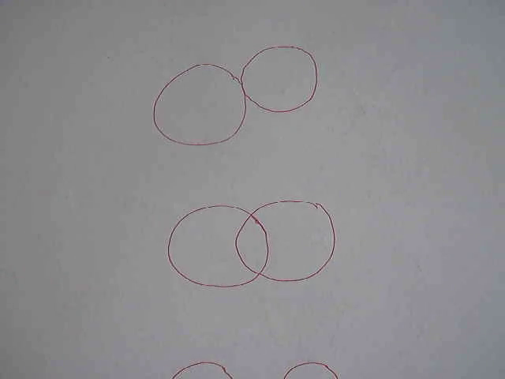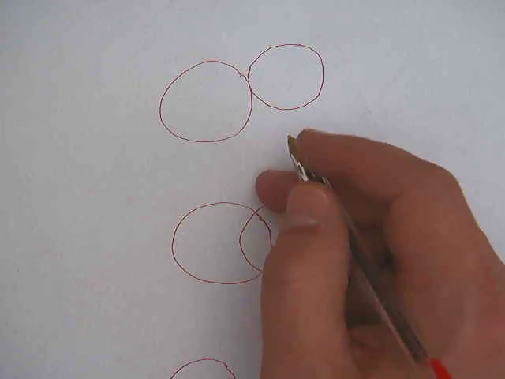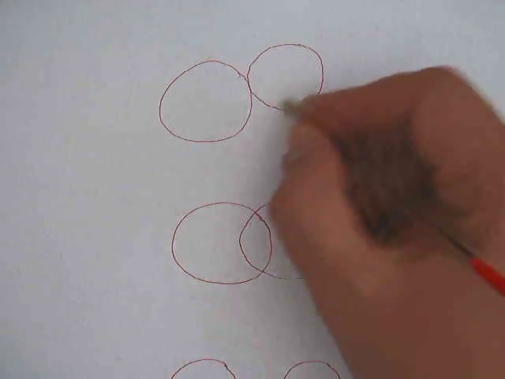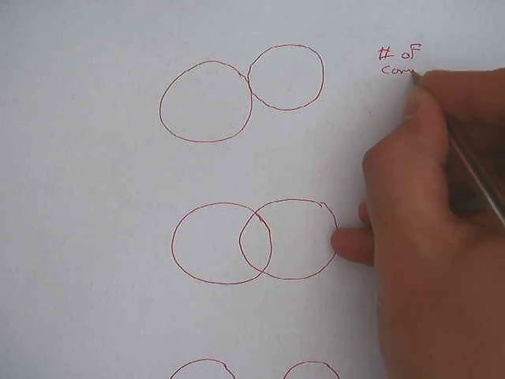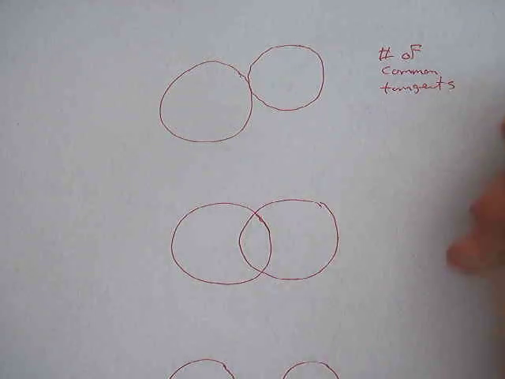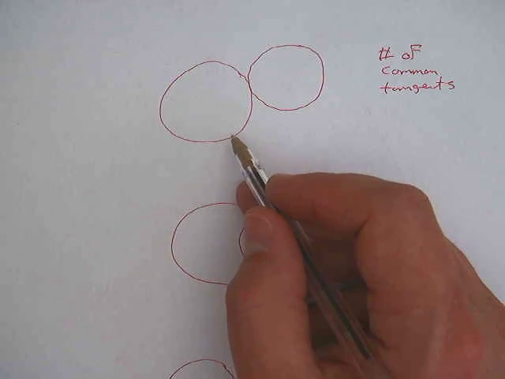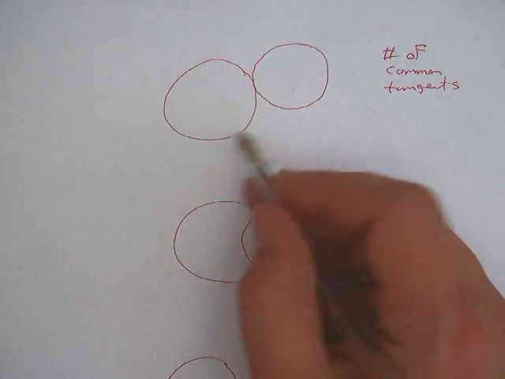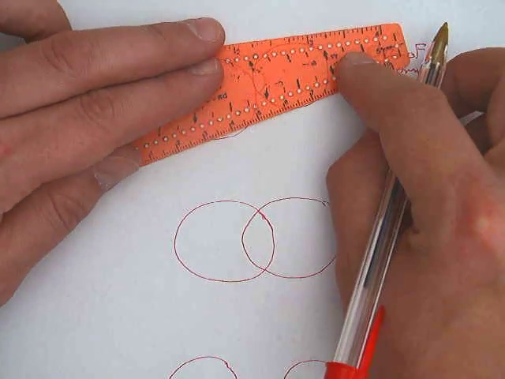All right, next, we did a few problems with common tangents. I didn't draw these with a compass, but I just sketched them briefly so you could see. How many common tangents would this have? So we're going to look for the number of common tangents. Remember, a common tangent is a tangent line that is tangent to both of these circles.